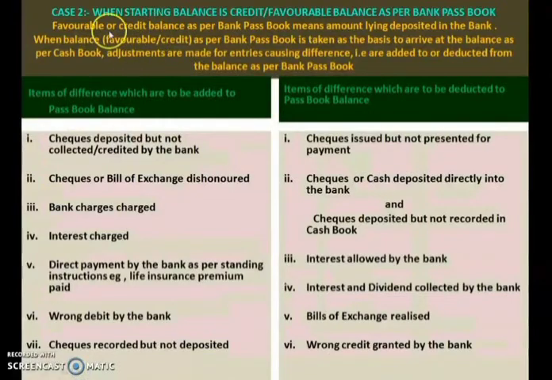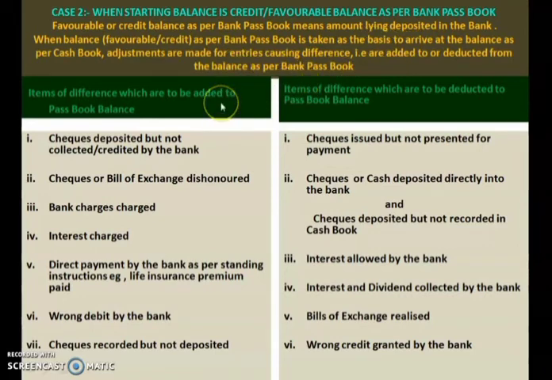Now see children, the second case, when the starting balance is credit or favorable balance as per bank passbook. Favorable balance or credit balance as per passbook means in your bank account there is an amount deposited. When the balance that is favorable or credit as per passbook is taken as the base to arrive at the balance as per cash book, adjustments are made for entries causing difference, and here also you have to add and subtract some items.